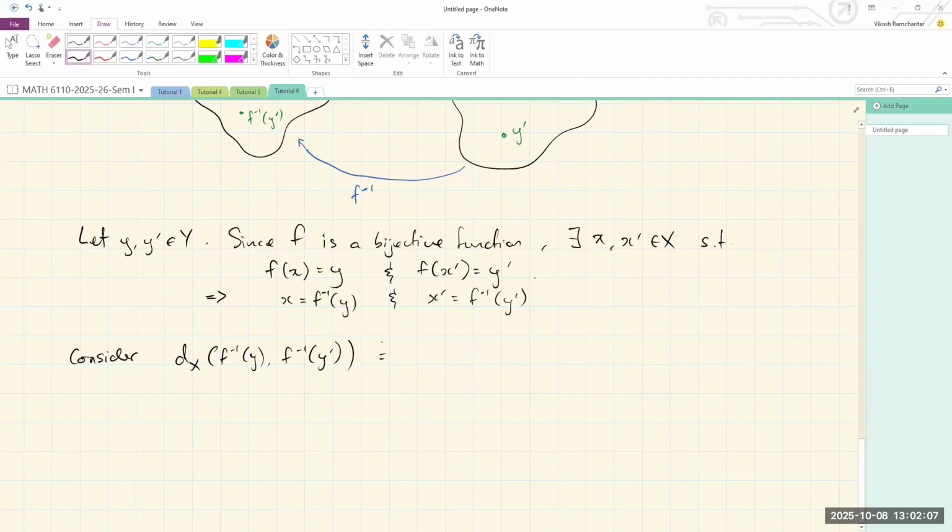Now from above, f inverse y is x, right? And f inverse y prime is x prime, okay?